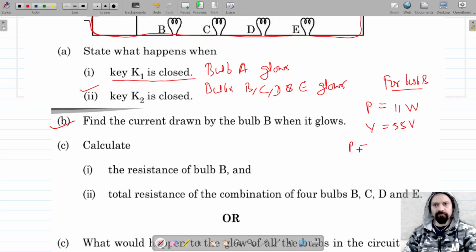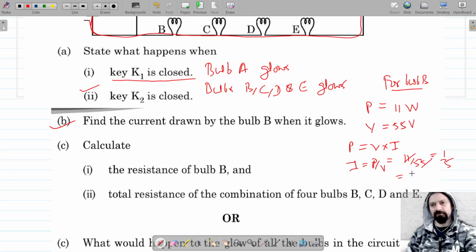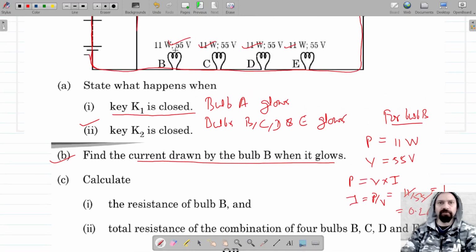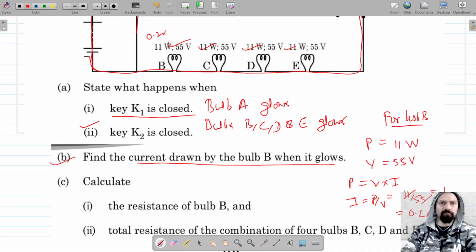We know that P is equal to V into I, which gives I is equal to P by V. P is 11, so this is 11 by 55, which is 1 by 5, which gives me 0.2 ampere. So the current drawn by the bulb is 0.2 ampere.